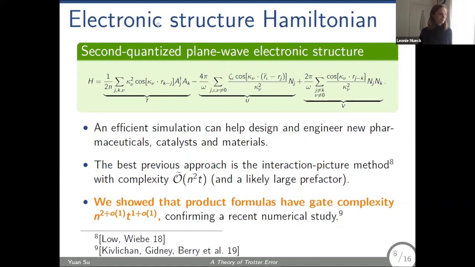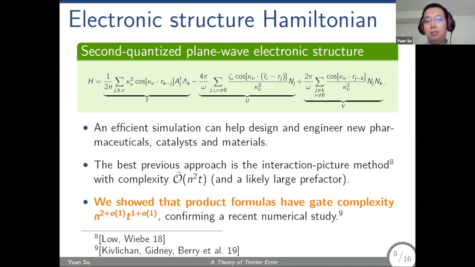Sure, that's a good question. If you look at this Hamiltonian, there's this kinetic term, and then there are these potential terms. These potential terms in this second quantized plane wave basis are number operators, so basically they are diagonalized, and you can directly exponentiate these operators.